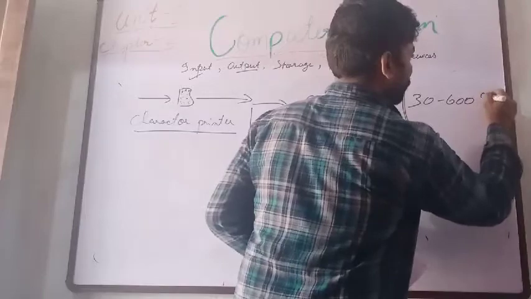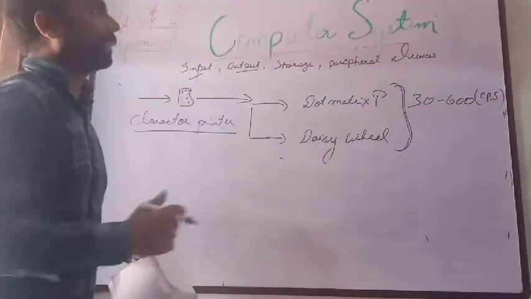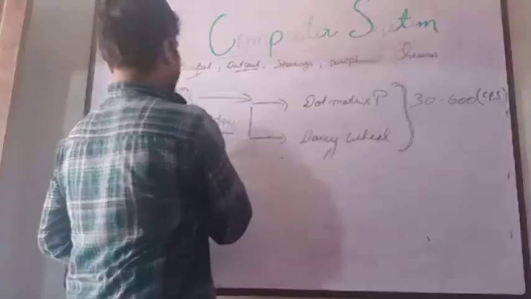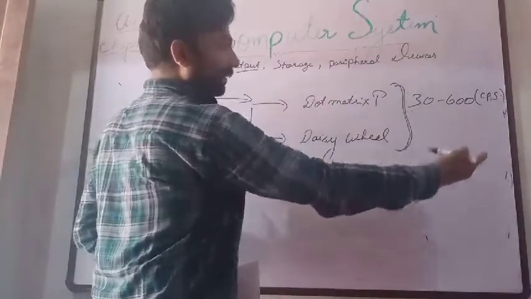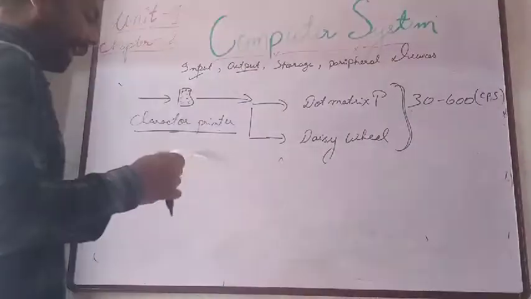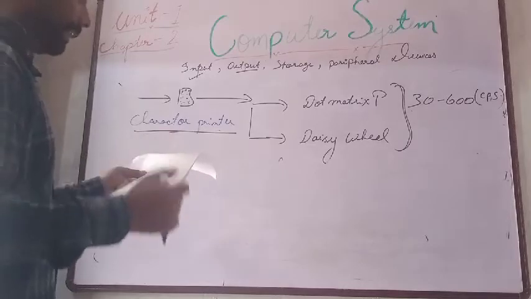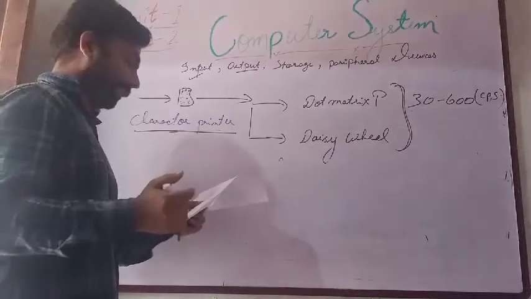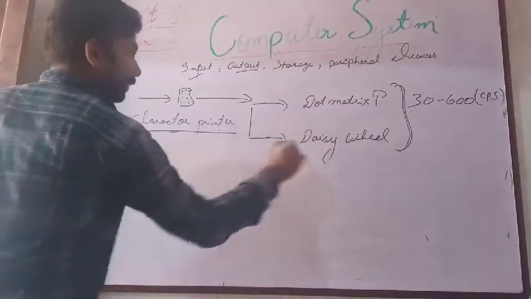You can write here CPS, sorry, per second, not per minute. So CPS, the speed of a character printer starts from 30 and ends at 600. As I have told you, dot matrix starts from 30 and ends at 550 CPS. But now come to the daisy wheel.